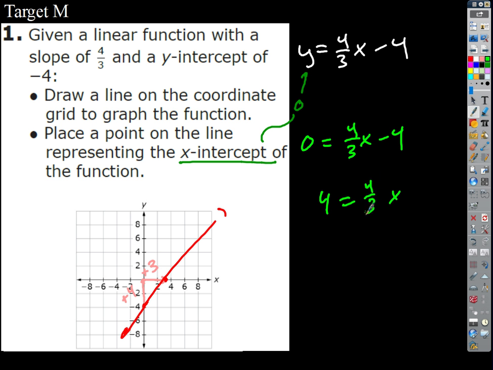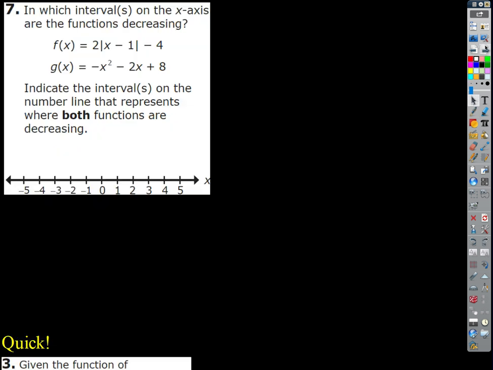I add 4 and I get 4/3 x on this side, and I'm going to multiply each side by 3/4, right? And so I get the x by itself. My answer is just 3, isn't it? Well, I already can see that. It's right there. Okay. You get the idea.